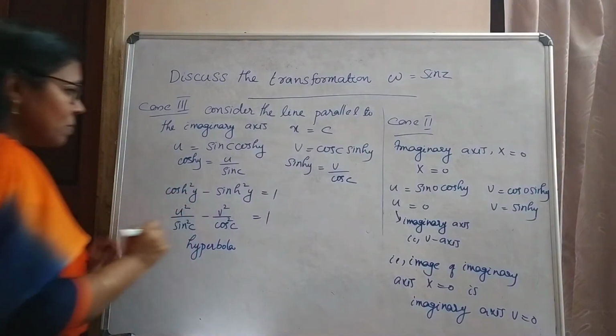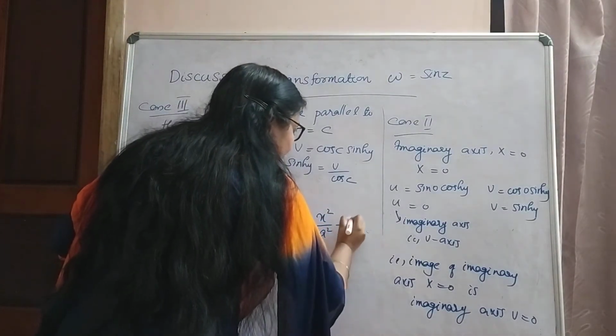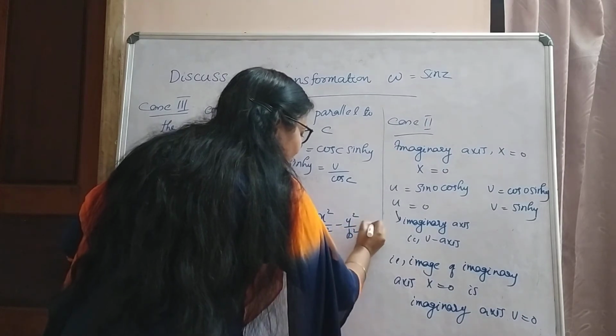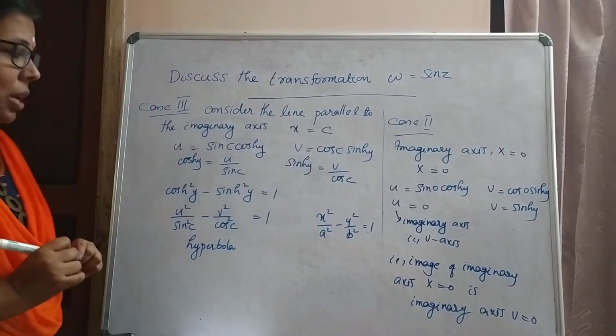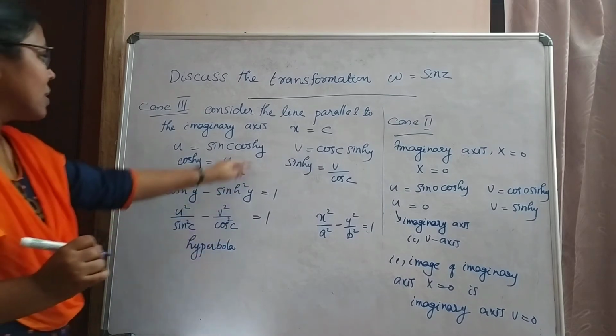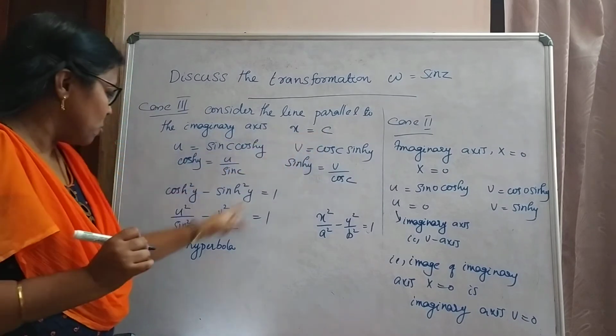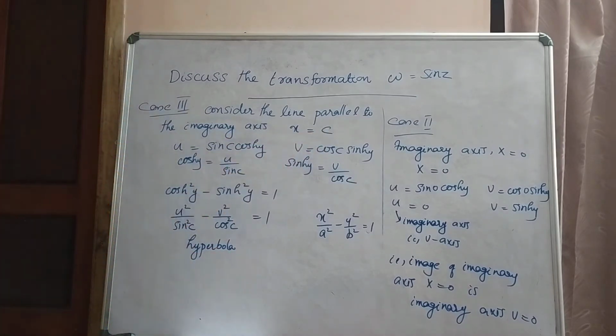This is of the form x square by a square minus y square by b square equal to 1, which is a hyperbola. Therefore, the line x equal to c parallel to the imaginary axis is transformed into a hyperbola.